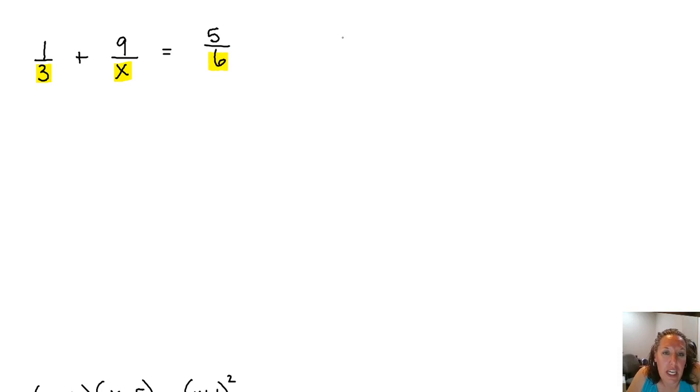So our LCD is going to be the smallest number that all three of those go into. Since 3 does go into 6, we can use 6 as our coefficient, and then we don't know what x is, so we're going to let 6x be the LCD.